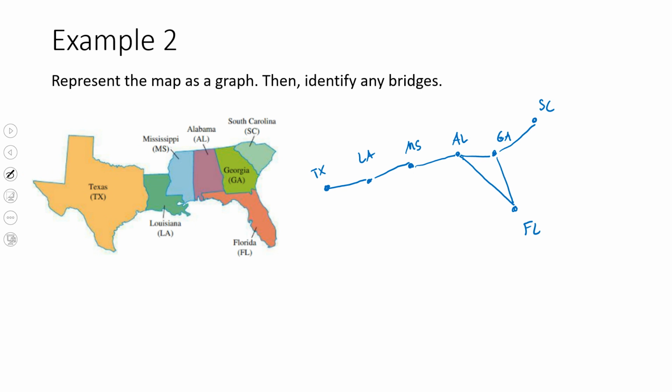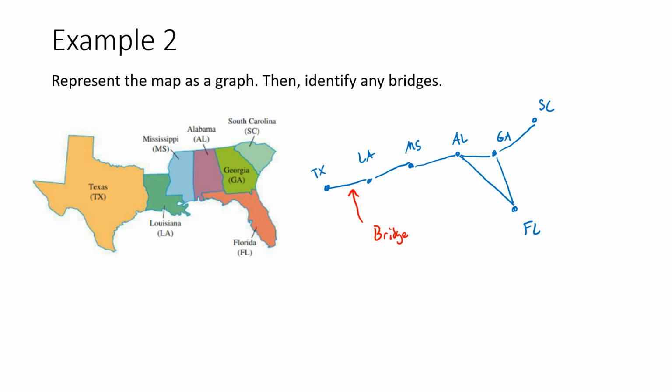It is a bridge. Because if I remove this border, and this was the only thing that existed, everything else is water or void, right? If I remove this edge, it would be impossible to get from Texas to anywhere else, right? So that's a bridge. How about Louisiana to Mississippi?